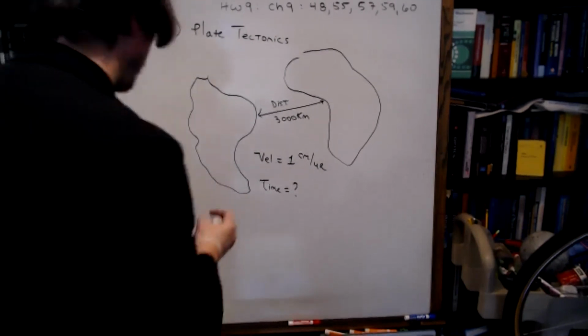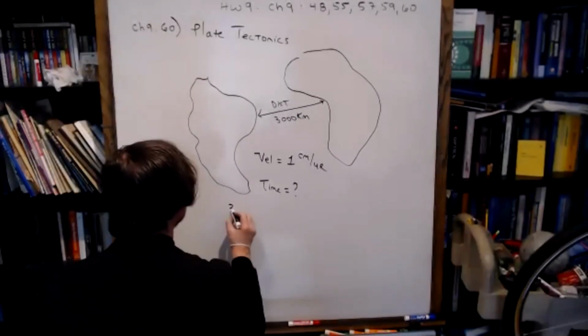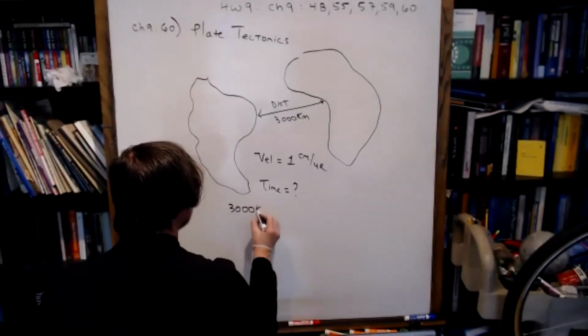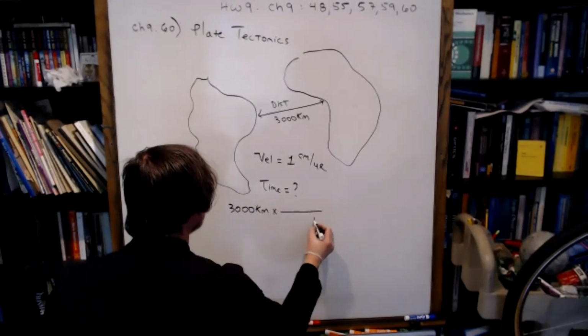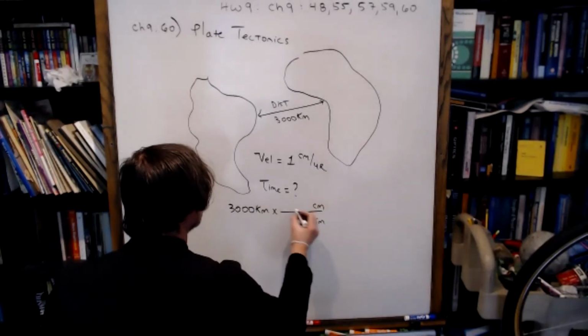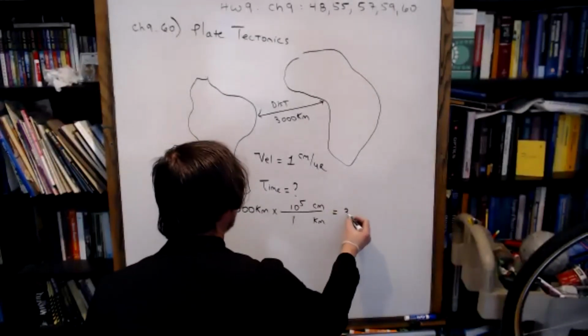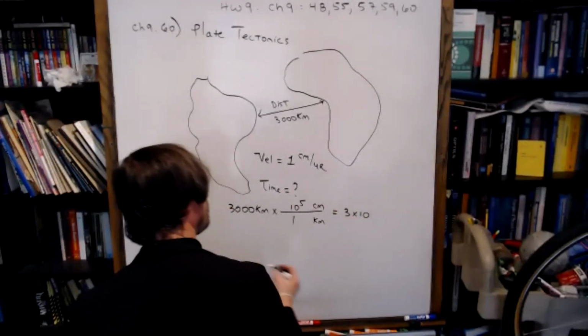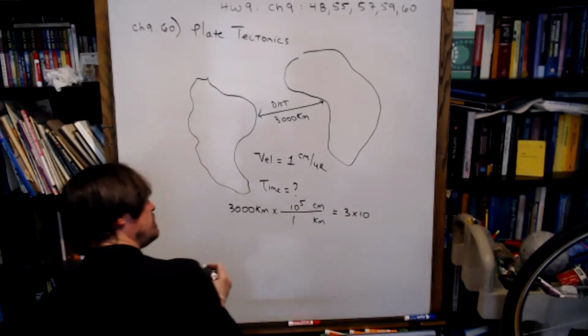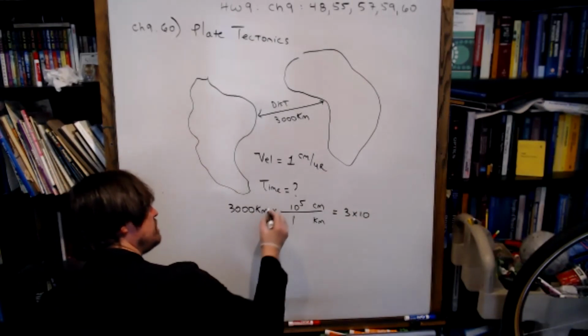I think that's a great idea. What's the conversion factor again? 10 to the 5 centimeters per kilometer? Excellent. So how many zeros do I have then? 8.